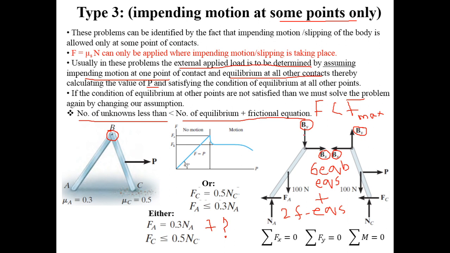So if you are showing this reaction Bx in the positive x direction on this member AB, you have to show it in the negative x direction on this member BC, so that when you put these two members together again, these reactions cancel out. Similarly, if you are showing By in the downward direction on this member, you will show By in the upward direction on this member.